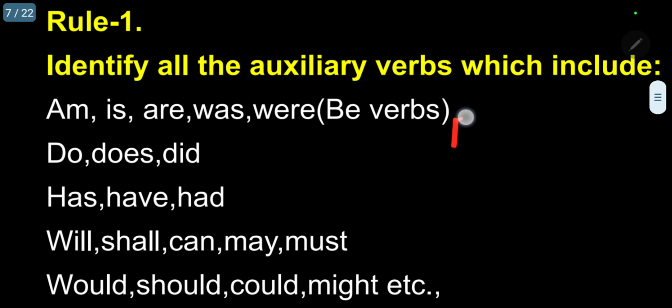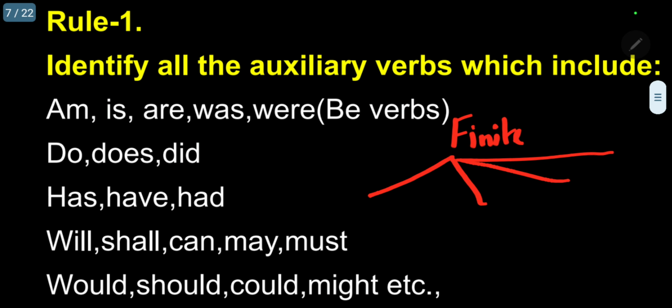If you take the finite verbs, we have 4 types. Kindly follow. The first most important type is, one is main and auxiliary. Main verb and auxiliary verb.